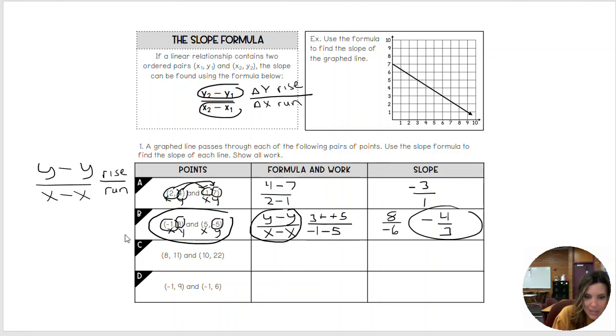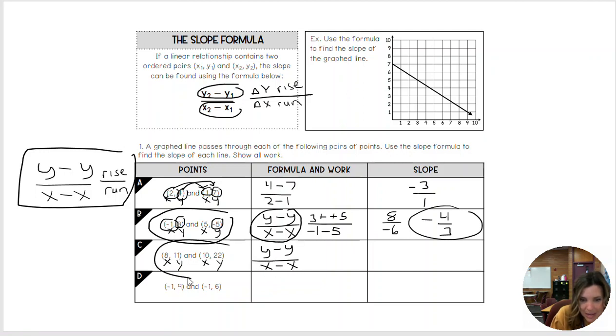Okay, so let me show you another one. To find slope using the slope formula, it is way easy. All you're going to do is label your 2 points. You always do that first. The next thing that you do is take your formula and substitute these values into this formula right here. You start with doing the y.